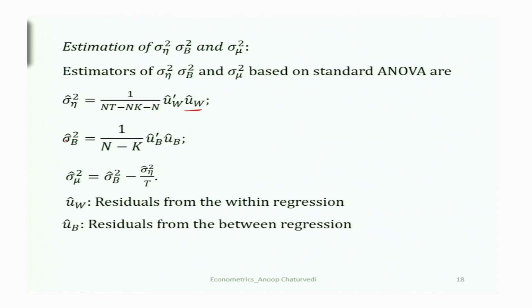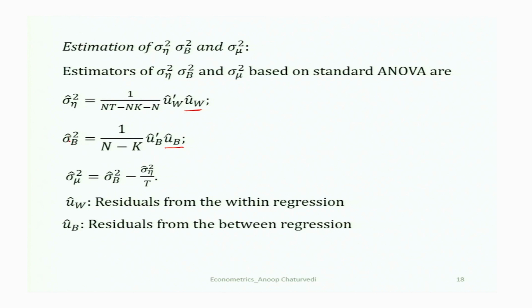Then for estimating sigma hat square B, we consider this between residual u hat B, which is based on the between estimator.